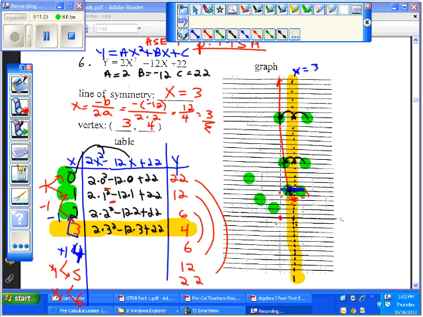And so if we plot those, we would have 4, 6 to the right 1, 2, 3, 4, up 6, and we're here. And then we would have 5, 12 to the right 5, up 12, which would put us here. And then we've got 6, 22 to the right 6 and up 22 here.